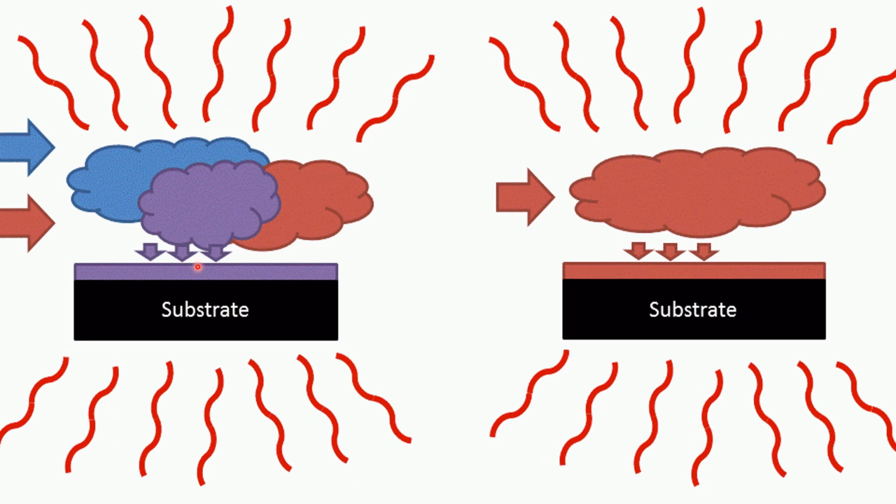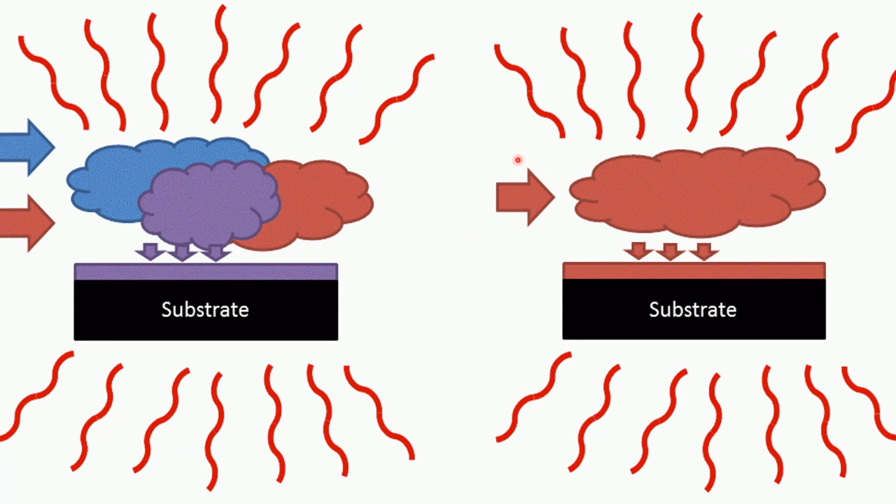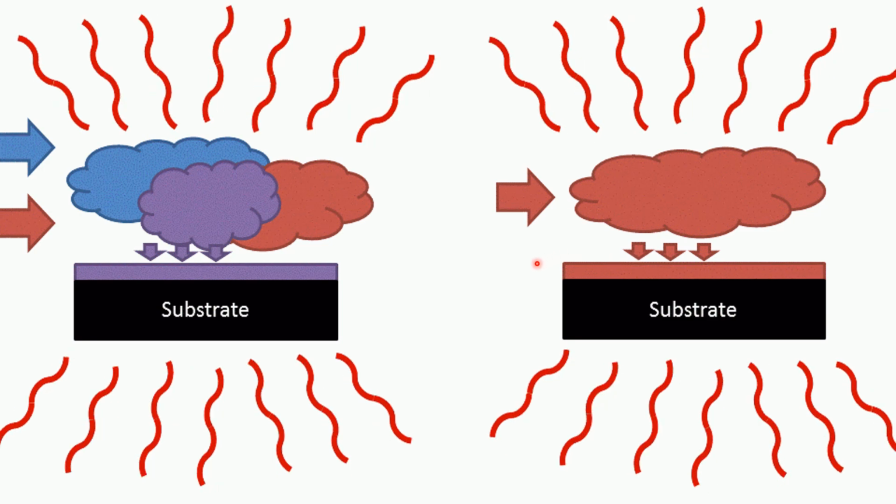So in case you introduce different precursors at different times, let's say you introduce one precursor at one time and it gets deposited onto the surface of the substrate, you will get one layer of a deposited thin film on the surface of the substrate.